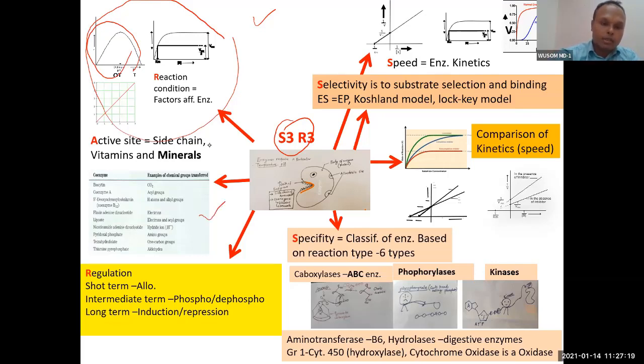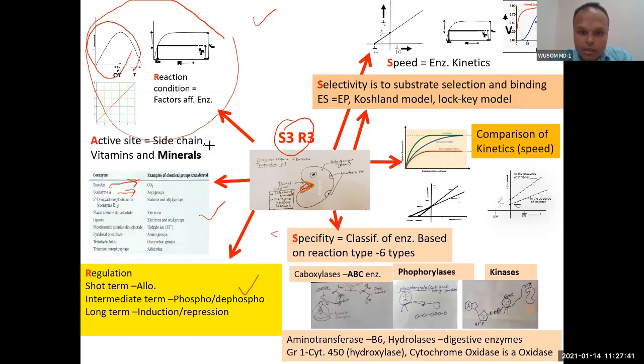This slide I have already given. I have especially told you biotin here. You can remember the active site, or reaction site. And then we'll talk about regulation. You can remember the 3 types of regulation I've summarized here.